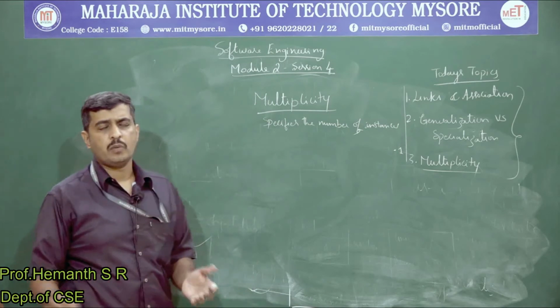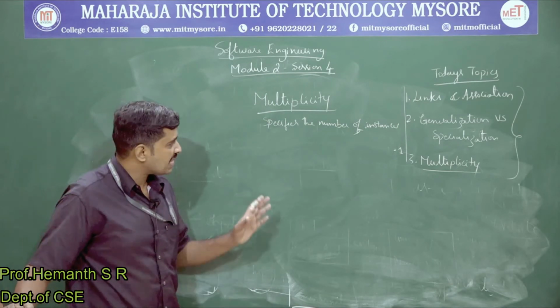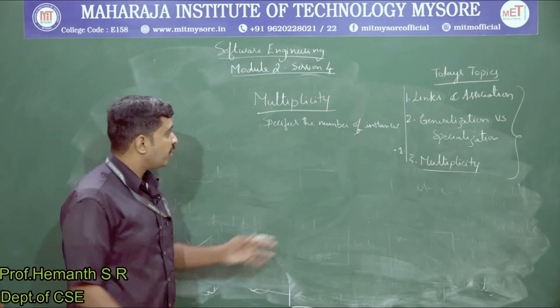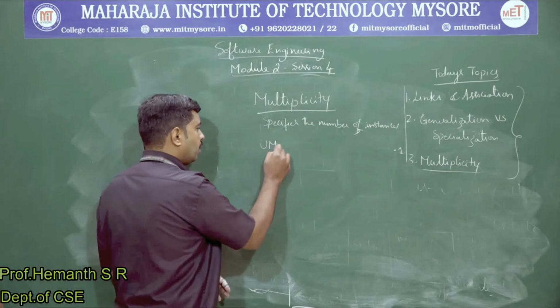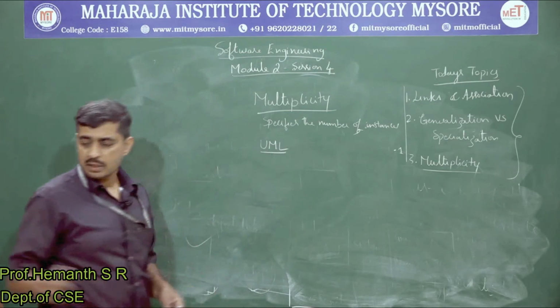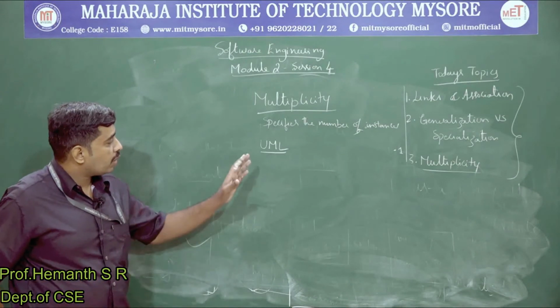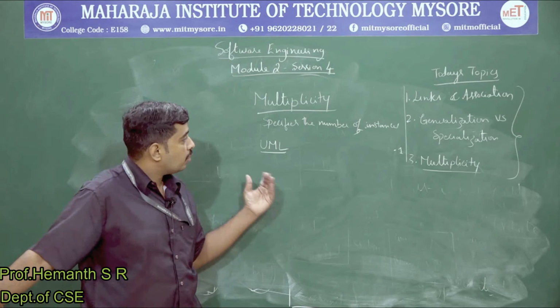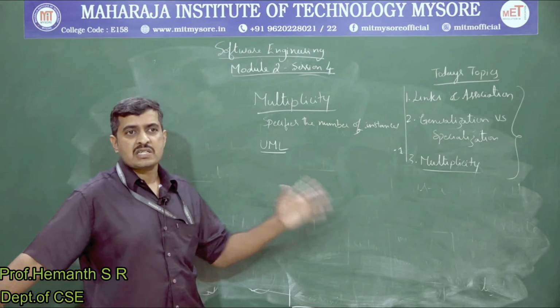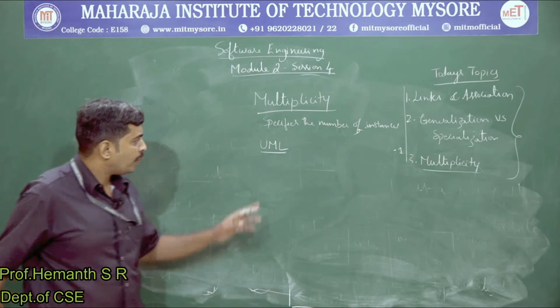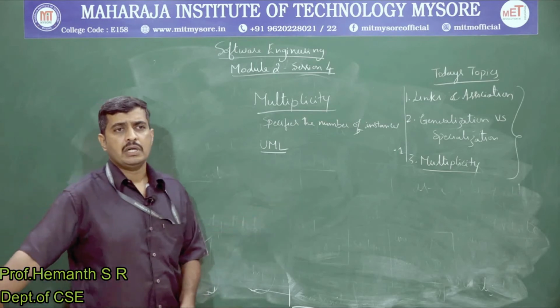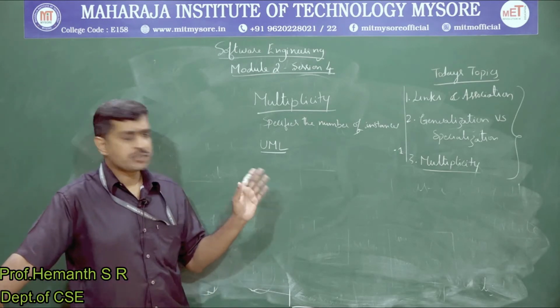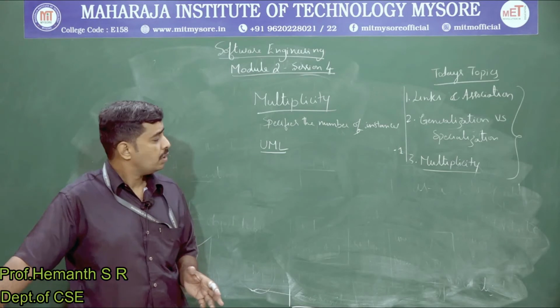So what are the possibilities here? How many instances we can have and how exactly it is represented? So we will be taking the UML example, UML modeling, to represent multiplicity in classes and objects. UML is Unified Modeling Language. It's a standard way of visualizing the design of a system.